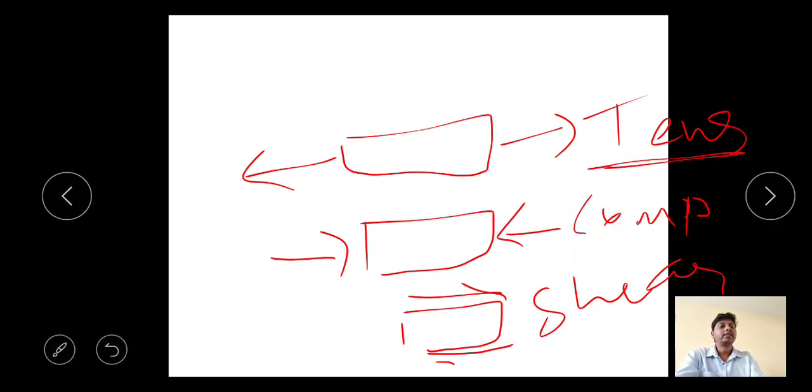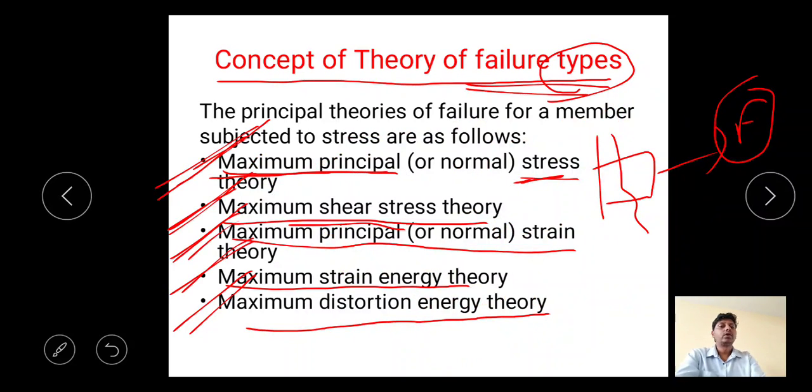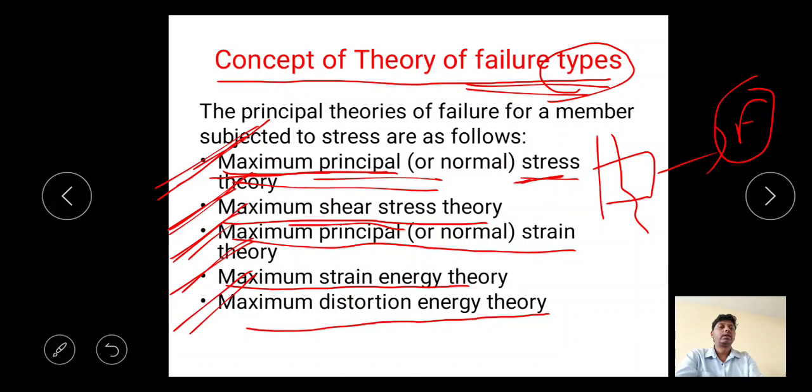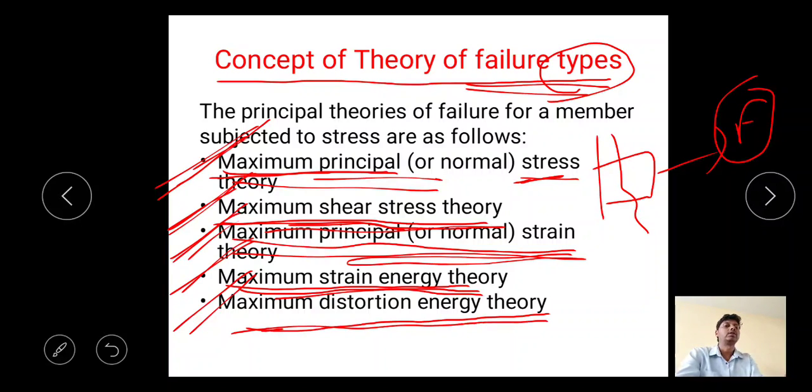If you are using this method, it is called maximum principal stress theory. If you are using shear, it is called maximum shear theory. If you are using strain, it is maximum strain theory. If you are using strain energy, it is maximum strain energy, or distortion energy, the maximum distortion energy theory.